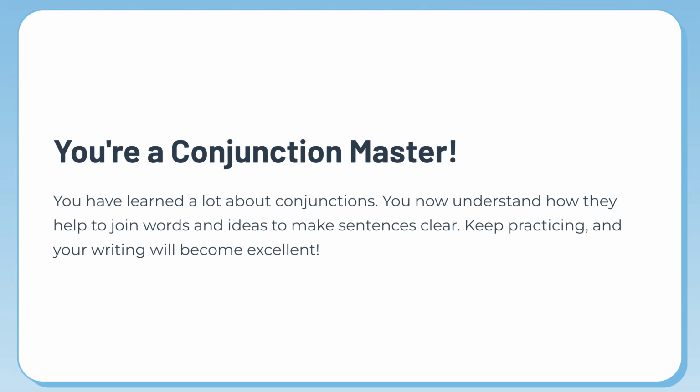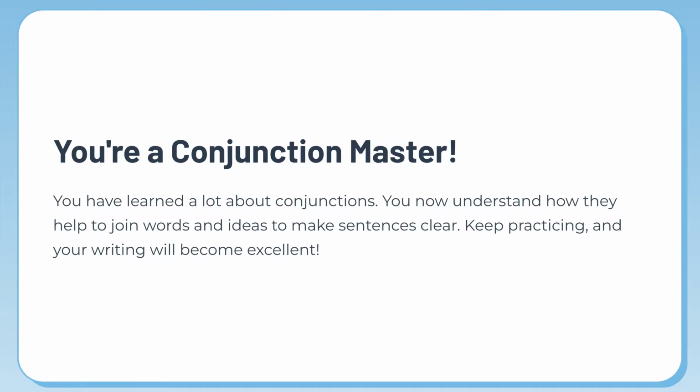Congratulations! You've done a great job learning about conjunctions. Now, you understand how they help us join words, phrases, and ideas to make our sentences clear and smooth. Let's quickly recap what we learned today. Coordinating conjunctions like and, but, or connect equal ideas.